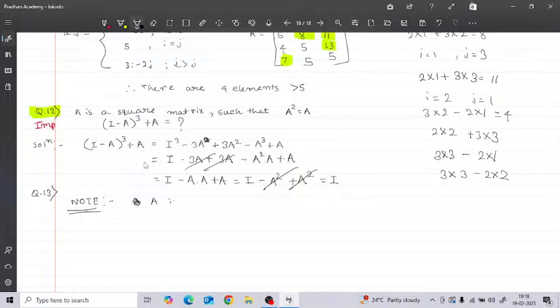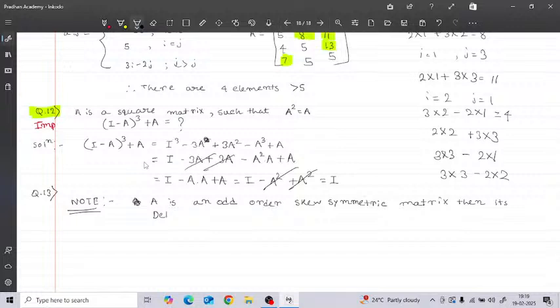If A is an odd order skew symmetric matrix, then its determinant will be 0.